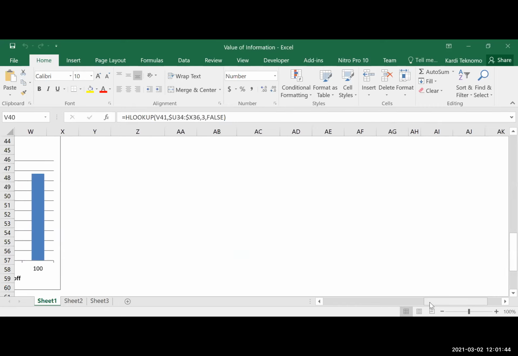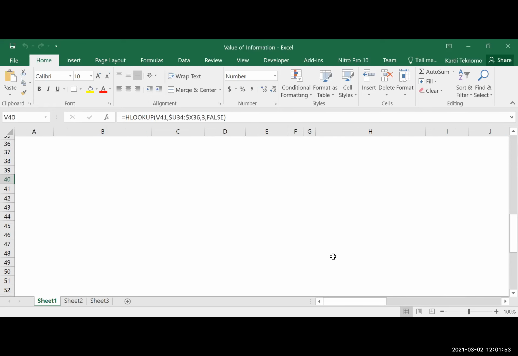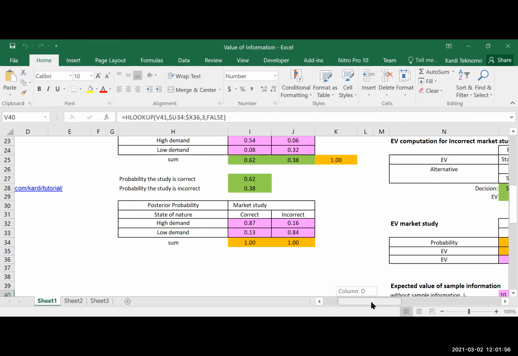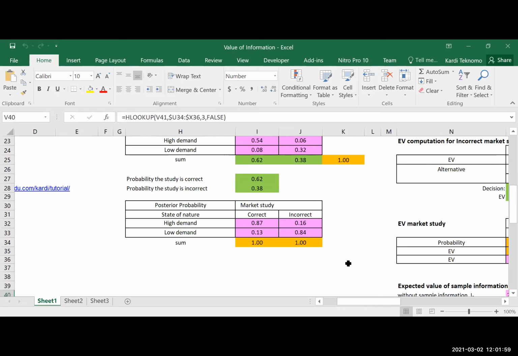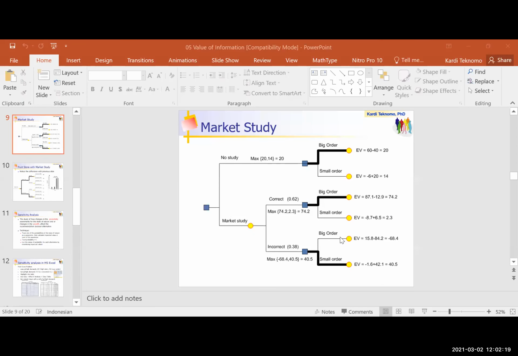Oh, it's the same with what I did, right? Yeah, the same as what you did a while ago, but now you have an additional complication because of the market study. So now you need to put this probability inside. My point is, earlier you have only no study, right?